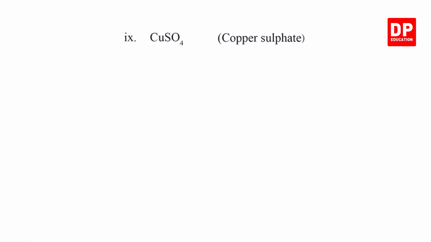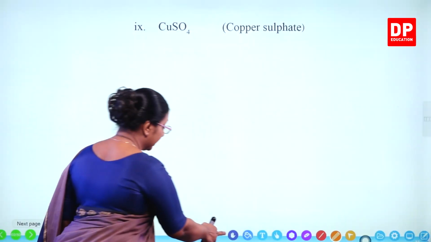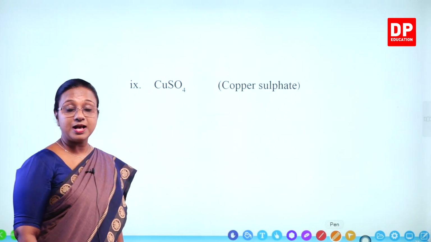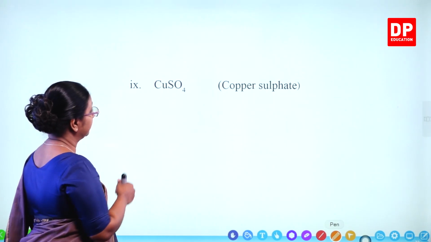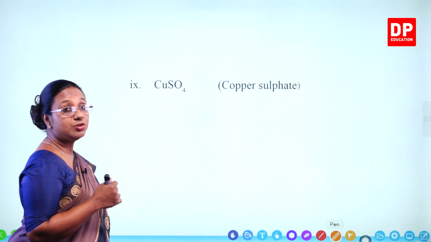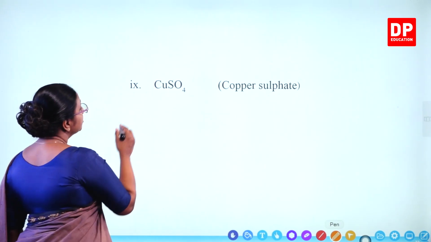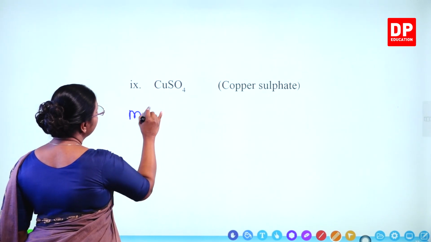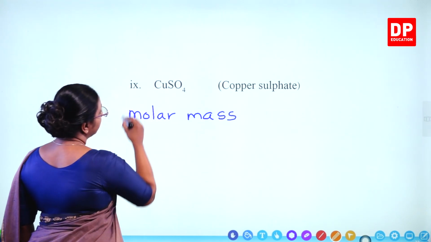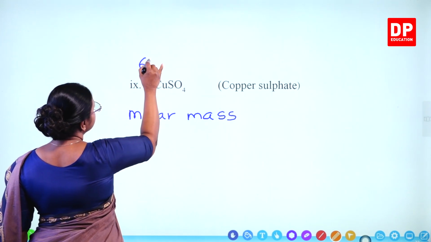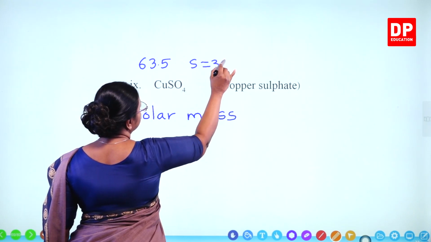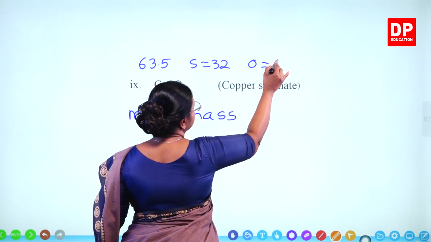Copper sulfate, something we use commonly in the lab. You can remember for some of the tests we use copper sulfate. It has a blue color, a blue colored solution, hydrated copper sulfate, or the solution itself is blue color. So how do you find the molar mass? If you can remember, copper is 63.5 and sulfur 32 and oxygen is 16.